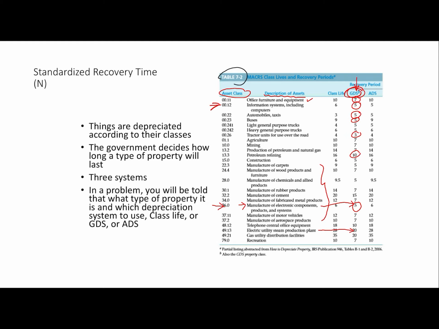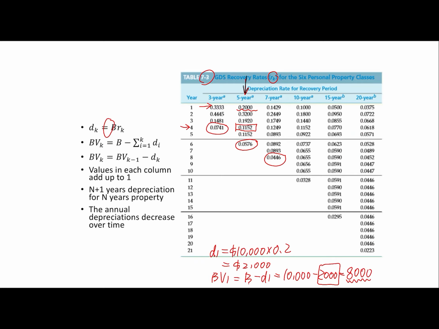So in the final, it could be other items. You want to always know, based on the descriptions of assets, what kind of class it is, and then you find out how many years the recovery period is. And once you know the recovery period, you can check this table and find out the rates, the depreciation rate for every year.